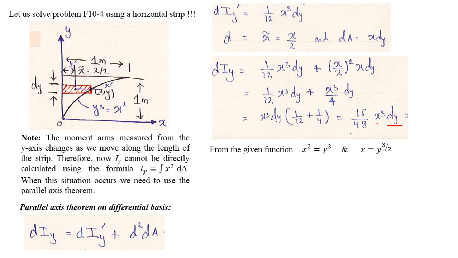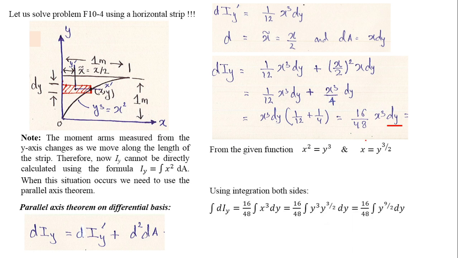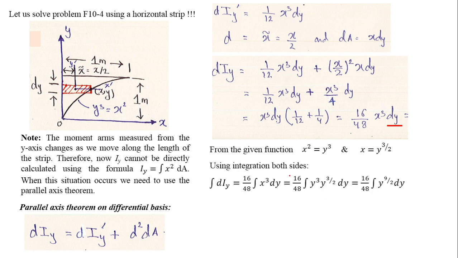So x cubed can be written as x squared into x. So you have to apply integration on both sides. In place of x cubed, you can write x squared into x, that is equal to y cubed and y raised to power 3 upon 2.